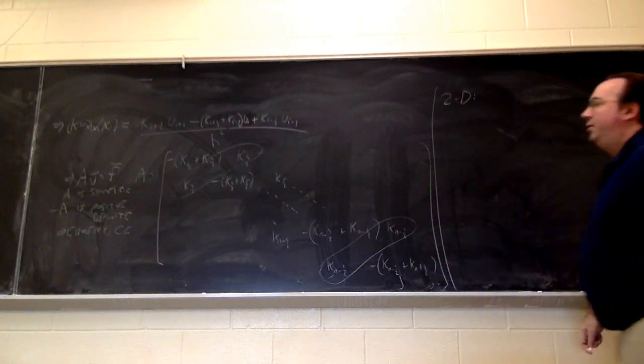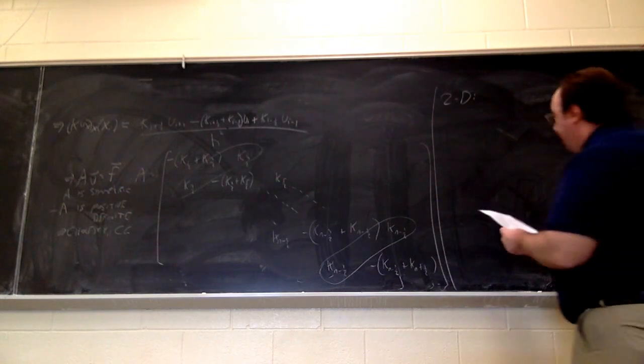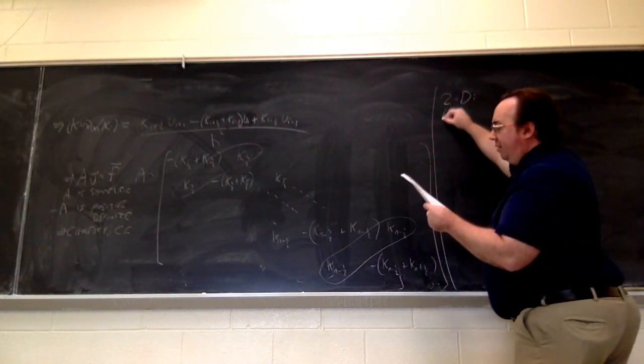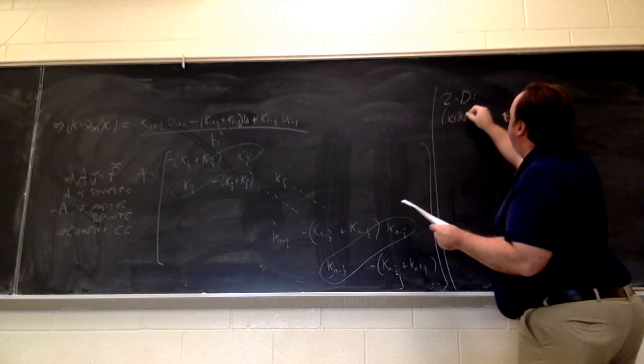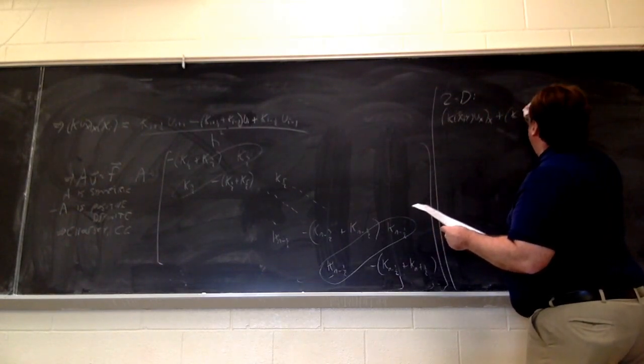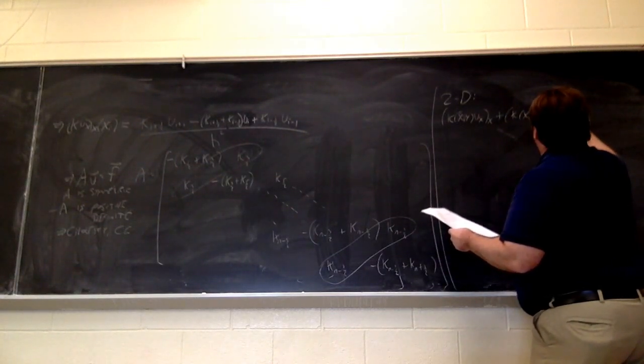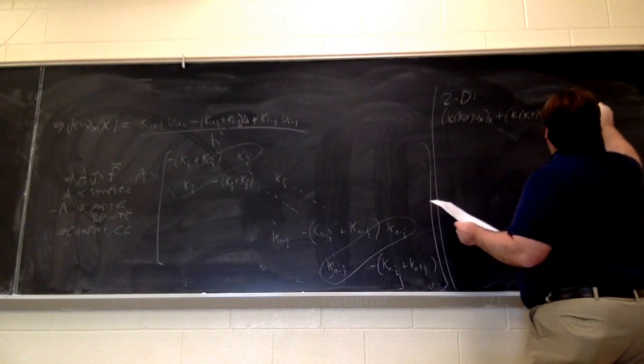A straightforward generalization of this equation to 2D would be where I have coefficient k of x,y, u_xx, and then a similar term with derivatives with respect to y, equals f of x,y.